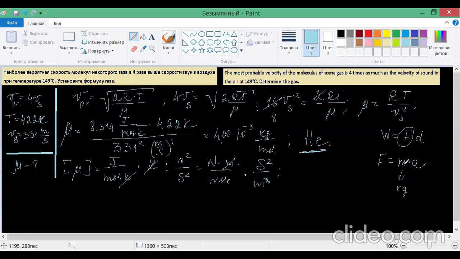The measurement unit of mass is kilogram, and that for acceleration is meter per second squared. So now let us write it instead of N, it's kilogram times meter over square seconds, right?